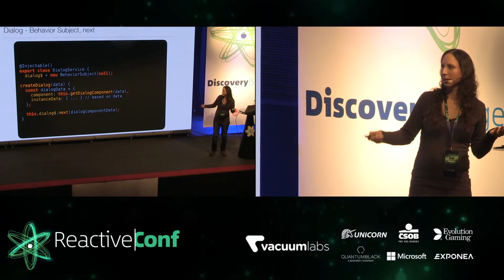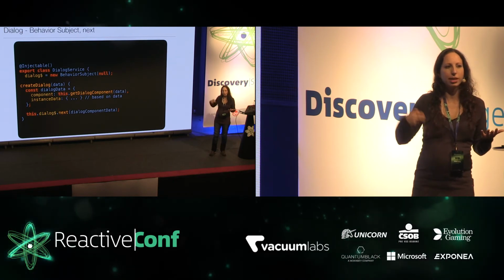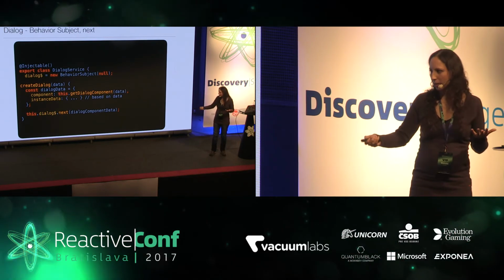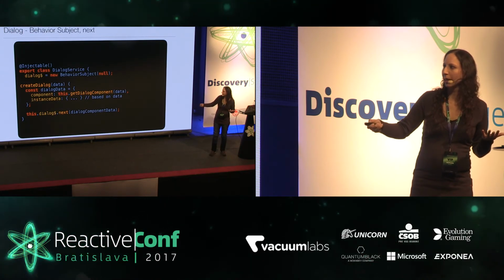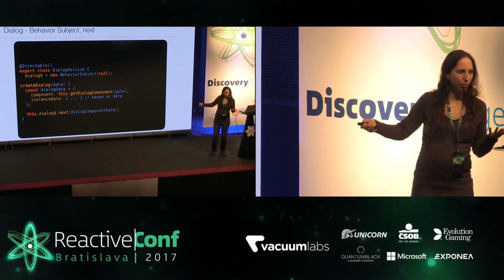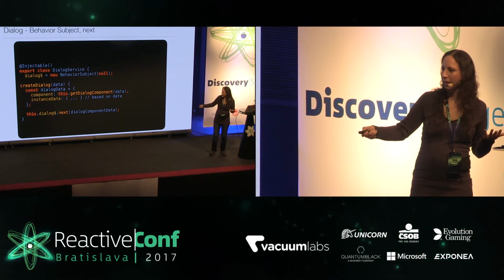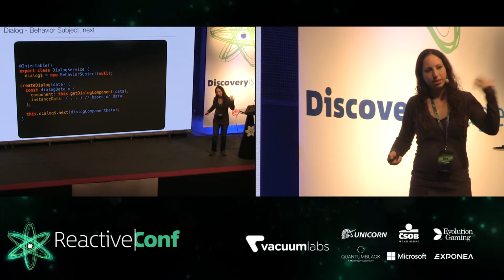And this is a service. This is not in the component. This is a service that gets these events, and this is just the way that we create an observable from this data, from these events, and then we can emit with next. We emit the data that we want.